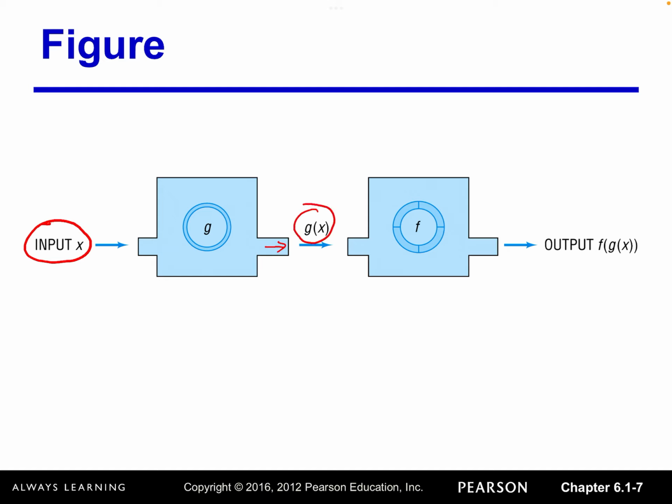And then the output of g, g of x, serves as the input for the outer function f, and finally produces the output, which is the composite function's output. So it goes through the inner function and then the outer function. It goes through two different functions. That's why it's called a composite function.